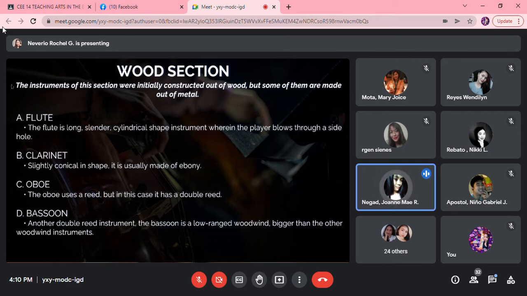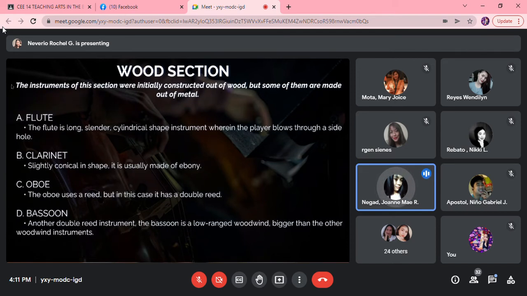Next, oboe. The oboe uses a reed, but in this case, it has a double reed. Blowing air into an oboe is relatively harder since a player has to force air between two reeds which are lashed together. So, kailangan talaga dito sa oboe may puwersa sa pag-ihip para magkaroon siya ng vibration, para yung two reeds niya mag-lash sila.